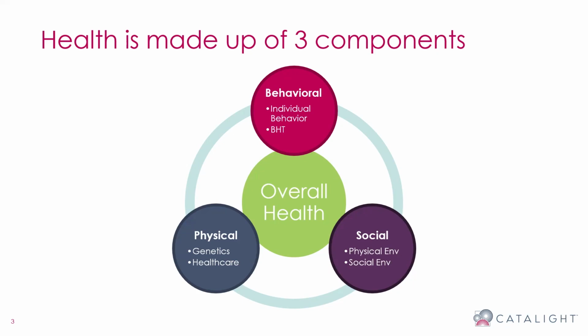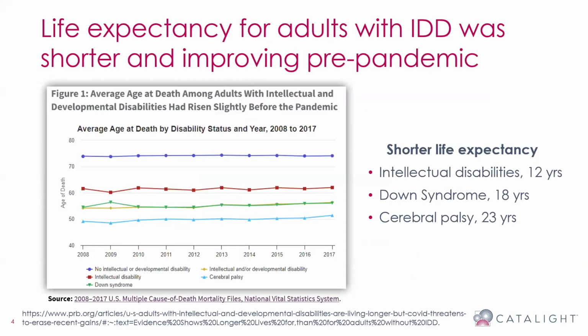Now, health in the IDD population, and health outcomes rather, are different. I'm going to share with you in the next few slides how different health and health outcomes are for adults with IDD.